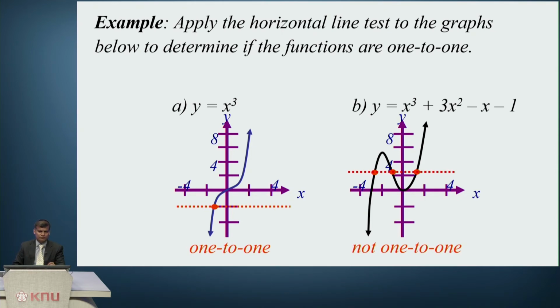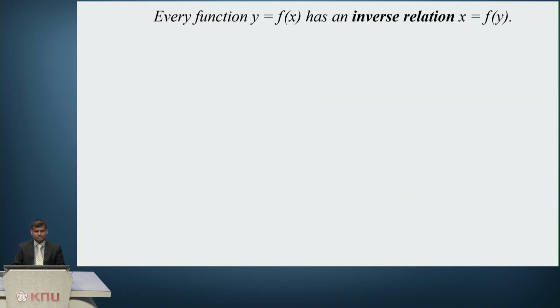It's clearly seen from the two graphs, A is one-to-one because it does not intersect in more than one place, whereas B is not one-to-one because it intersects in more than one place. So that's the reason why a horizontal line test is quite useful for us to determine whether a function is one-to-one or not. Quite easy, graphically we visualize this whole stuff.